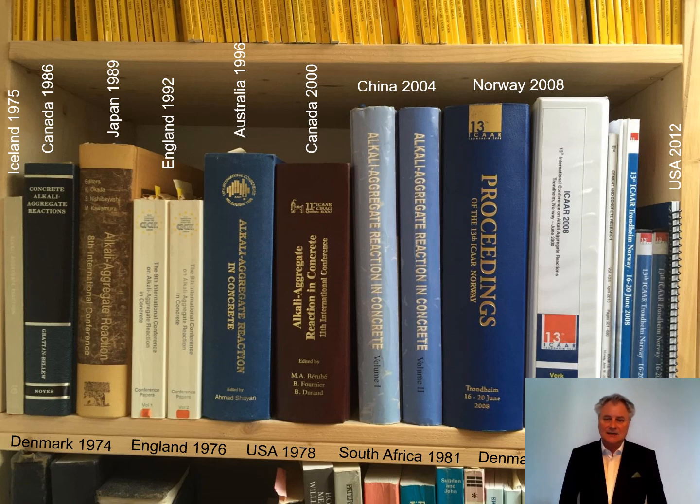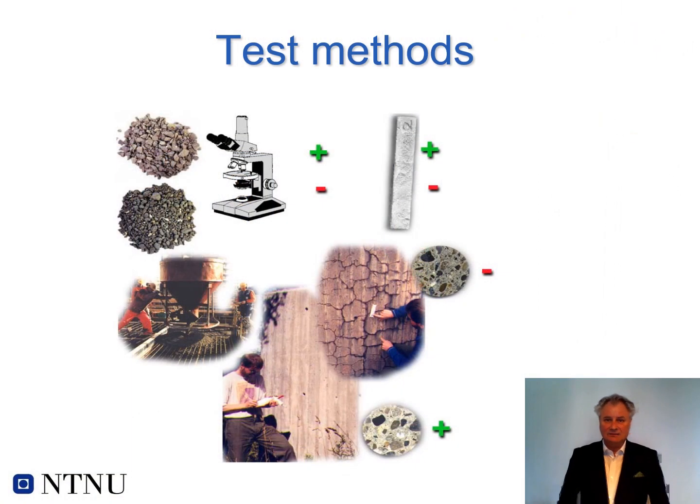And then it was held every fourth year, big international conferences, producing thousands of papers on alkali aggregate reactions, how to test, how to mitigate, etc. So we have a lot of proceedings, a lot of papers, a lot of information, but we are still dealing with the test methods. How should we test? How should we determine reactive aggregates, reactive concrete compositions, etc.